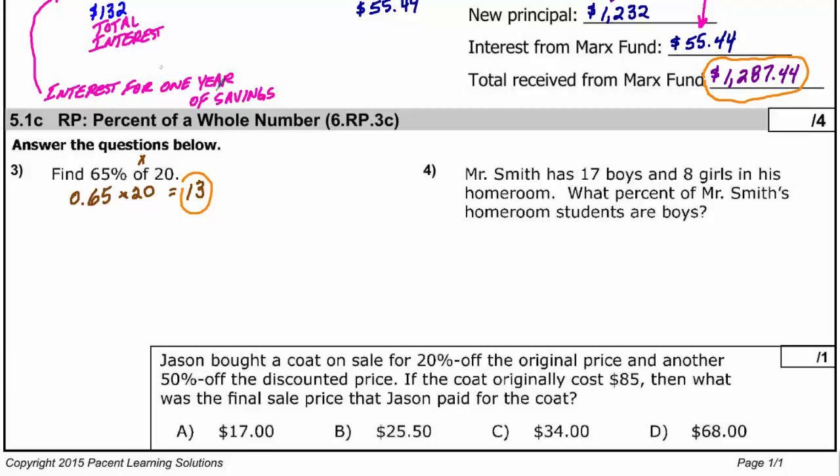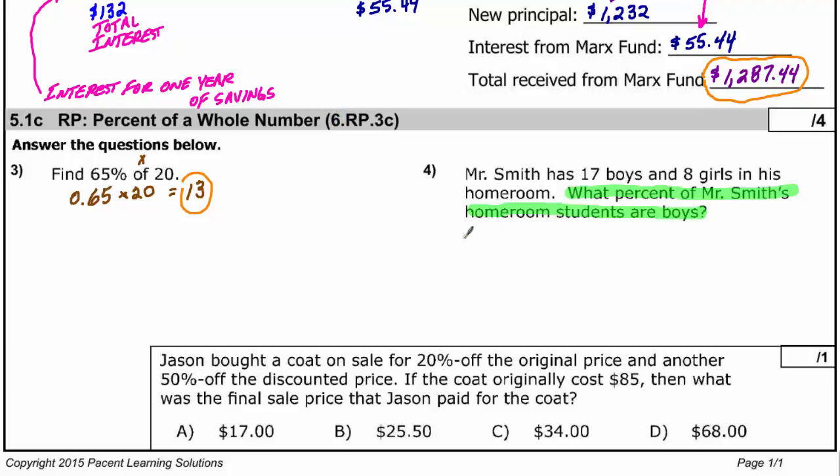Number 4, Mr. Smith has 17 boys and 8 girls in his homeroom. What percent of the homeroom students are boys? So we always have to make sure we know what the question is. What percent of the students are boys? That tells us how to do the setup for the problem.